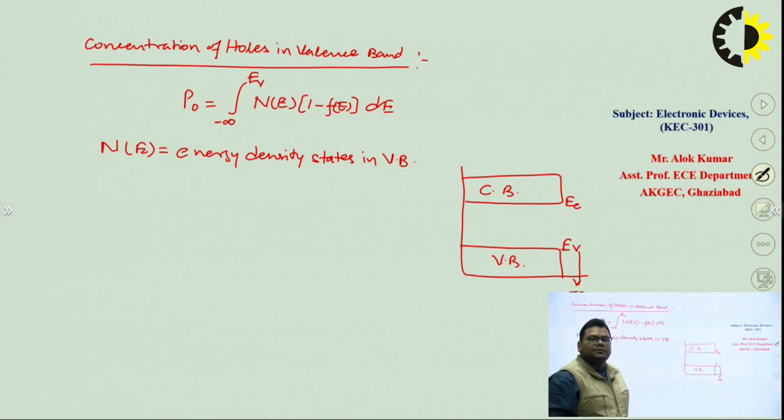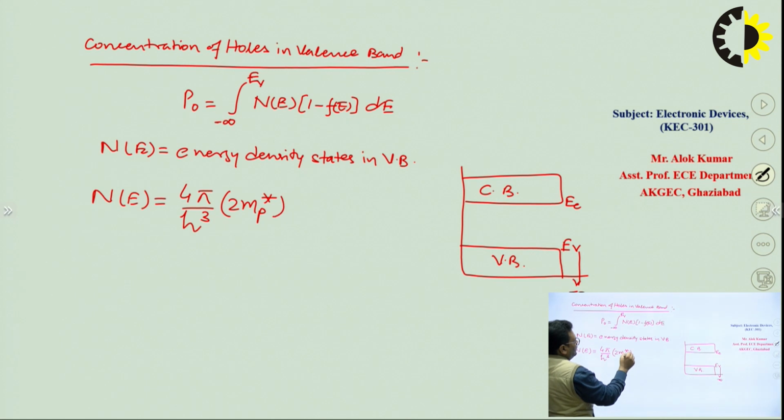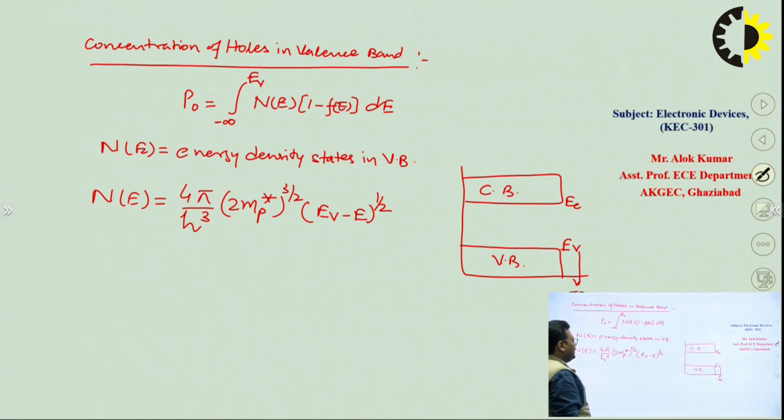So the probability of holes can be calculated with 1 minus FE. The value of NE will be 4 pi upon h cube into (2 MP star) to the power 3 by 2 and (EV minus E) to the power 1 by 2. So this will be the value of NE in this case, right.